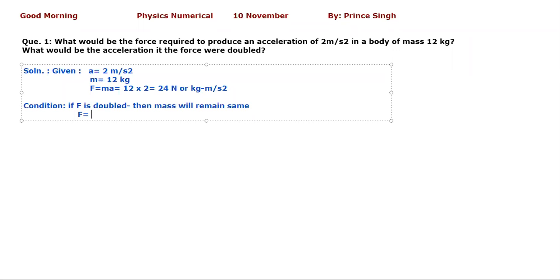since F equals ma, so from that 24 equals mass same, means 12 kg, into new acceleration.